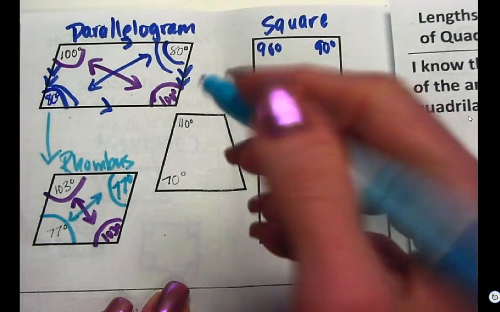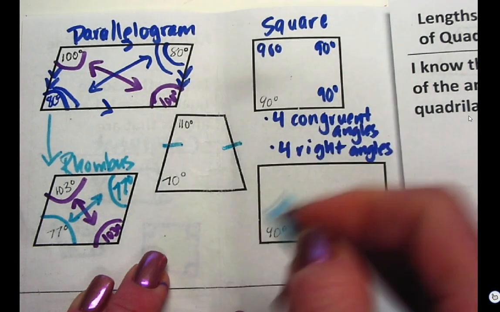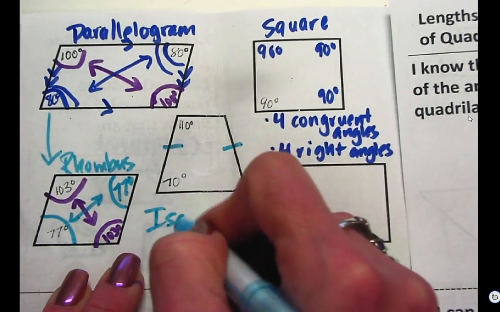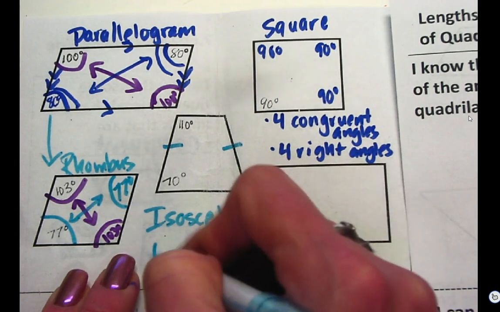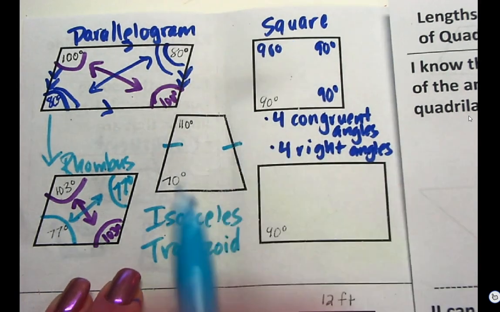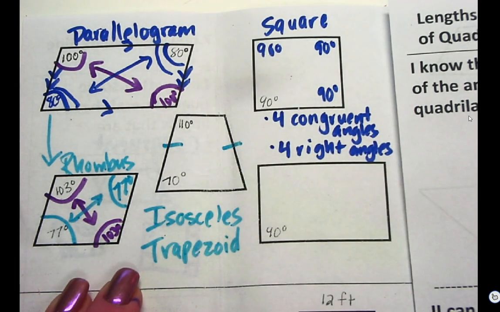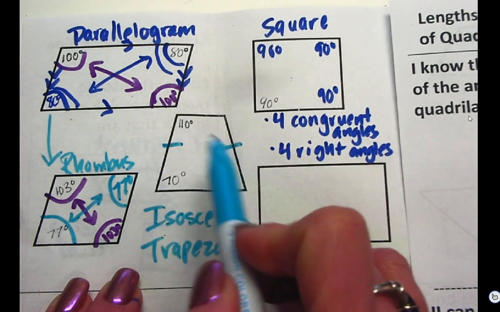And our trapezoid is a special type of trapezoid. What kind of trapezoid is this? It's an isosceles trapezoid. Isosceles trapezoids have one pair of congruent sides.